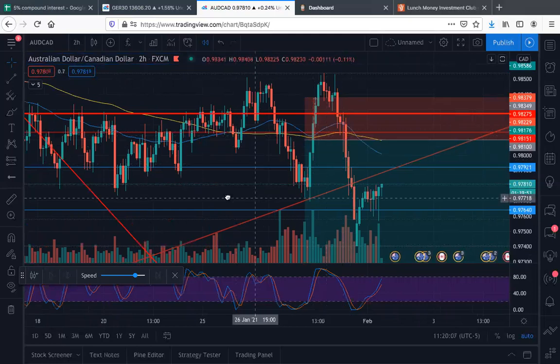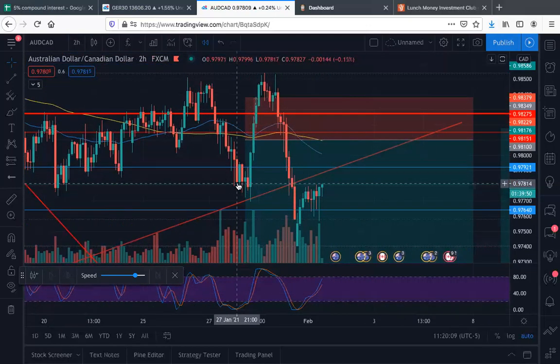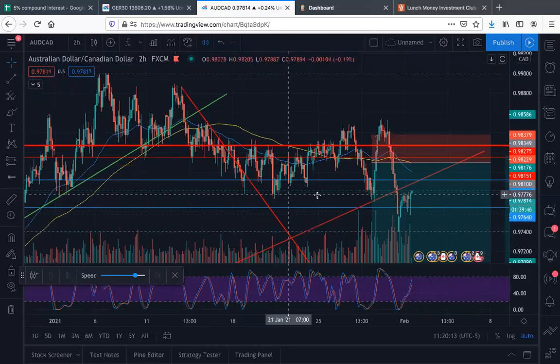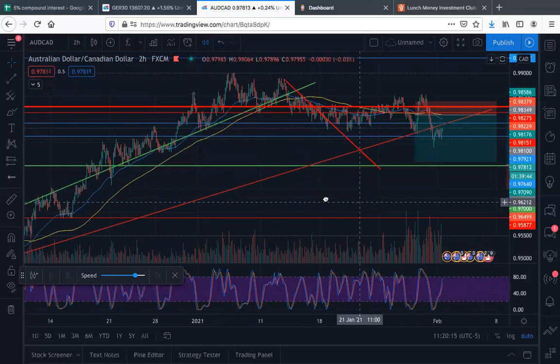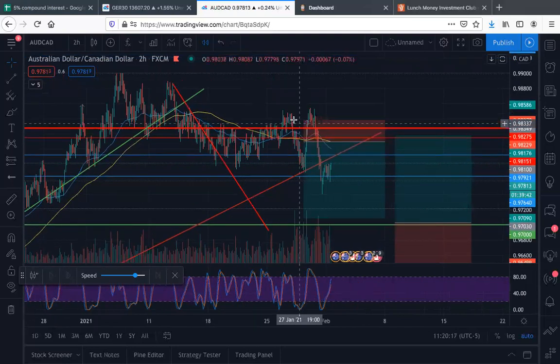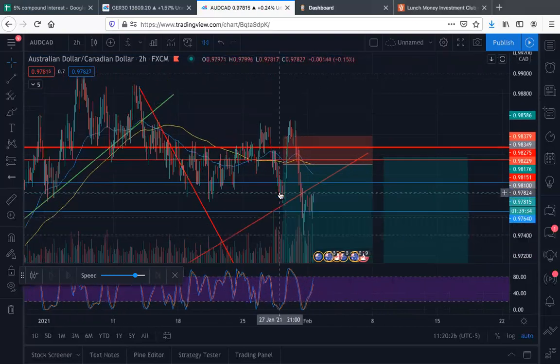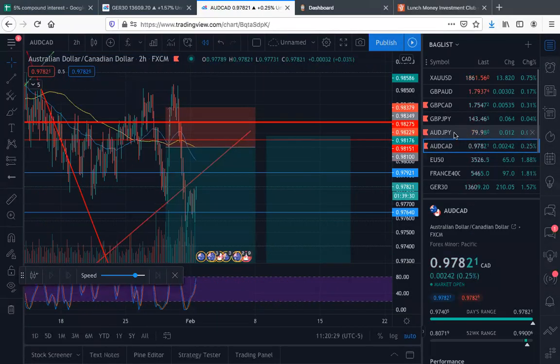They cross right around this level, which is also another indication that it looks like we have a bearish trend. So from the pattern to the measurement to where it's going to go, to the break and the retest, everything's looking bearish on AUD CAD.